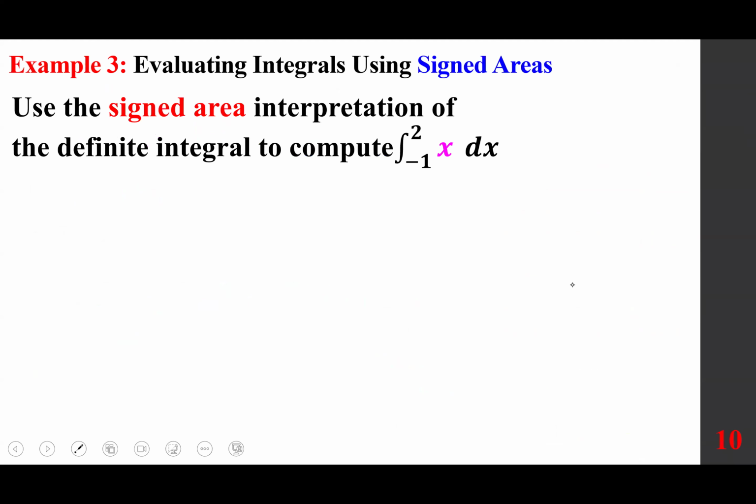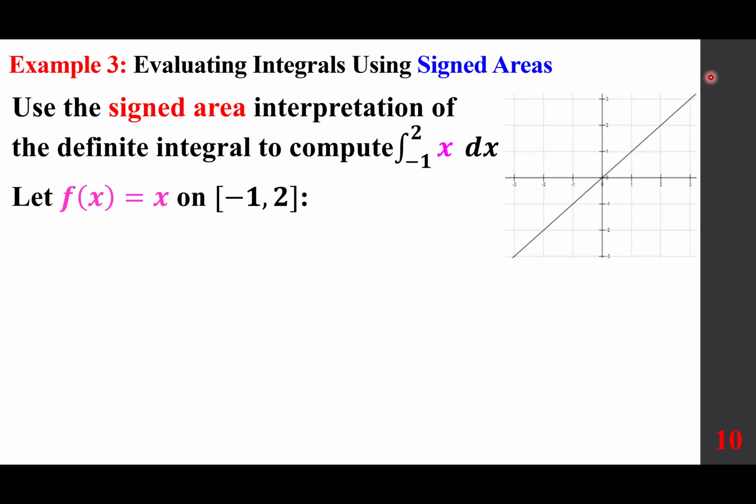Here's another example. Evaluate the integral using signed areas. Use the signed area interpretation of the definite integral to compute the integral of -1 to 2 of x dx. So what happens here is that the function y or f of x equals x, the interval of -1 to 2, and y or f of x equals x is a line through the origin.